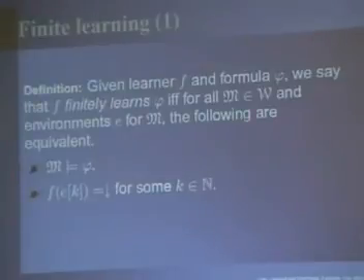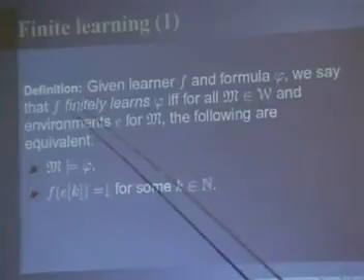If phi is true in the model, then the learner f must converge, and it can converge to 1. It cannot converge if phi is not true, but it doesn't really have to converge to 0 or 1, it just has to converge to something. So if the formula phi is true in the model M, then the learner f, after seeing enough information, must converge and say yes. If it is not true, then it doesn't have to converge.